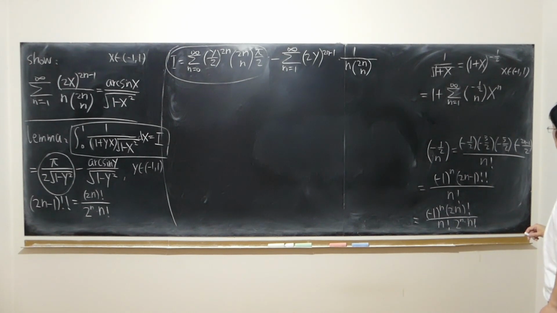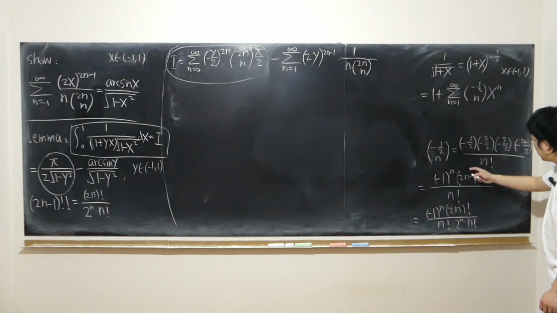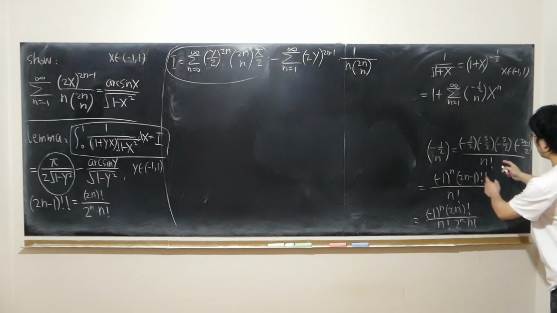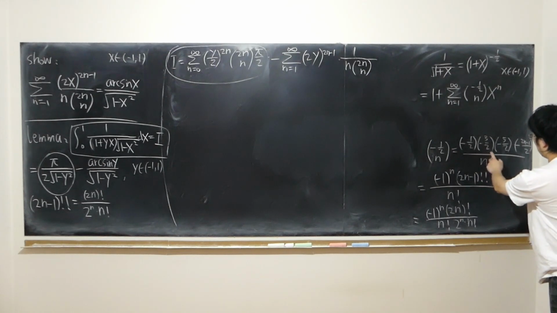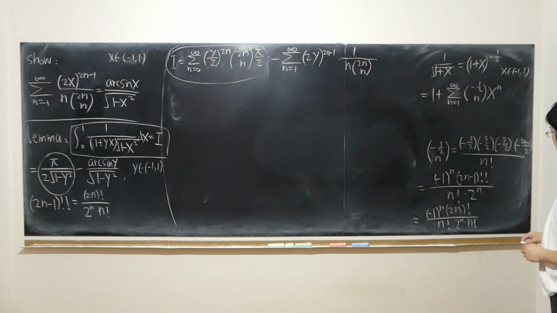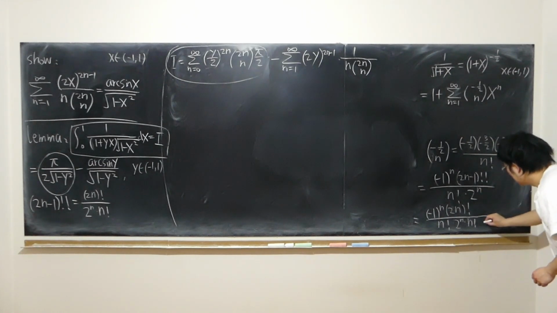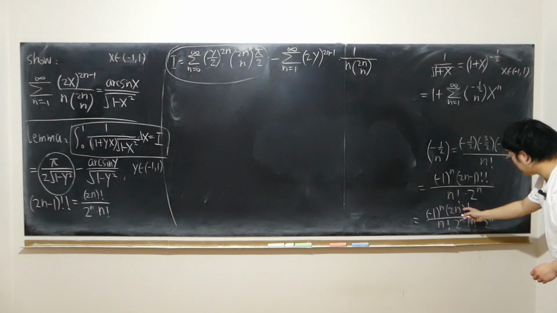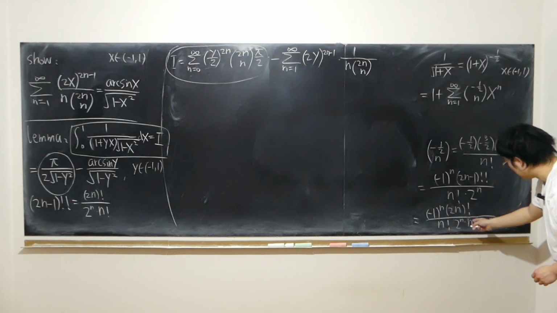And of course, you take out the 2 down here, every term you take out the 2, so 2 to the power n at the bottom. So call it 2 to the n, and this times 2n factorial over n factorial times n factorial.